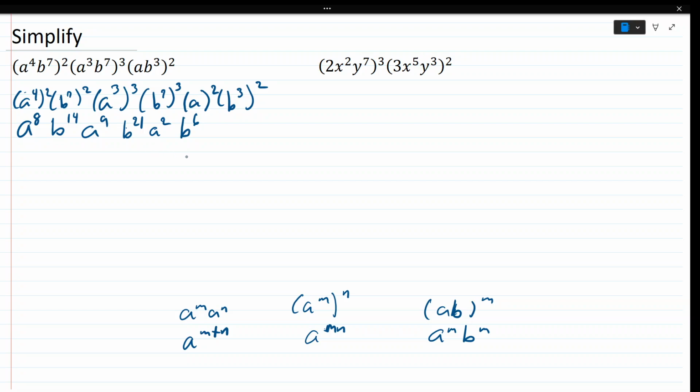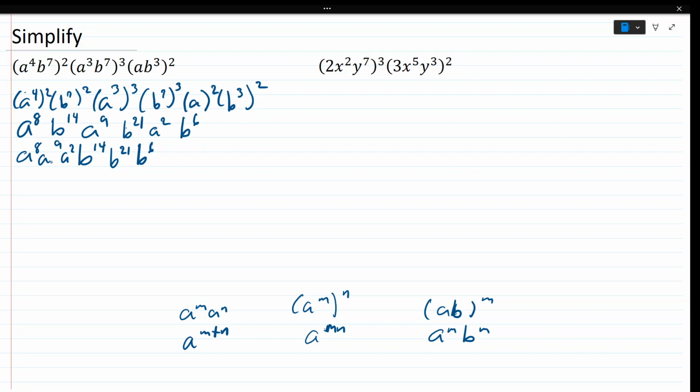Next, we're multiplying all six of these factors together. So remember that multiplication is a commutative operation. So we could always think of this as a to the eighth, a to the ninth, a squared. So we could group together the a factors, and then we'd have b to the 14th, b to the 21st, b to the 6th. And now we're multiplying these exponentials with the same base, so you would add their exponents.